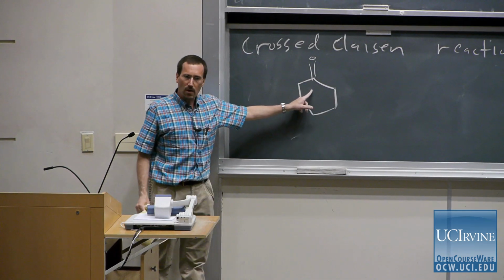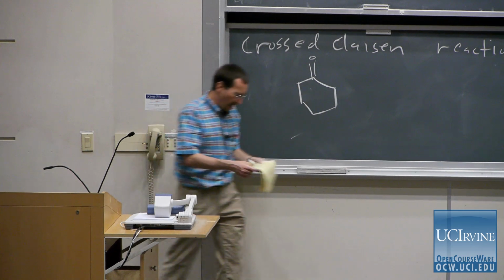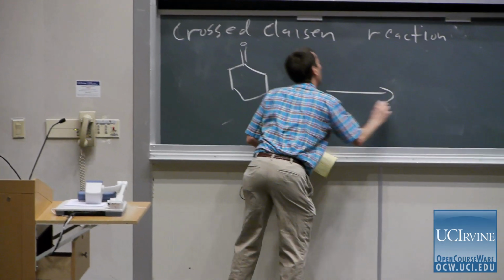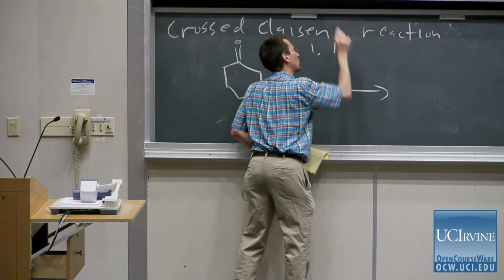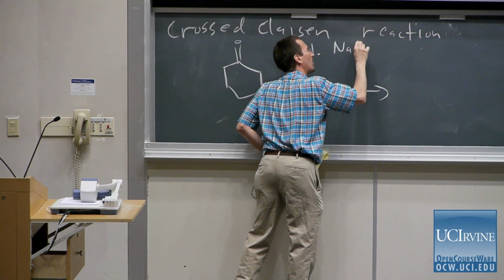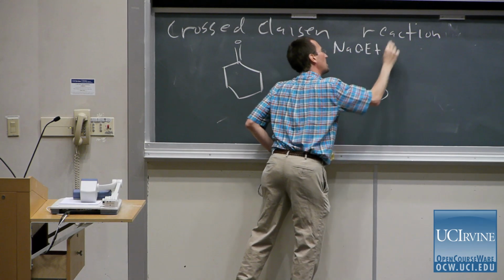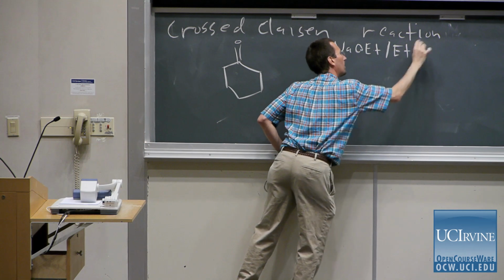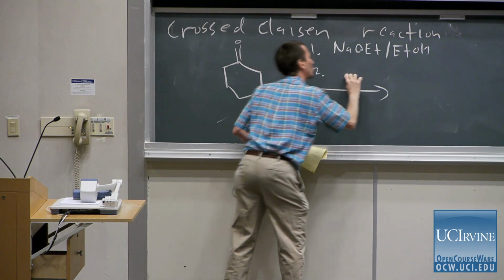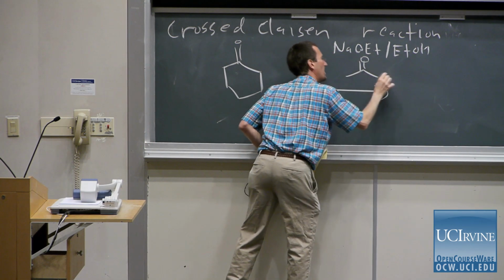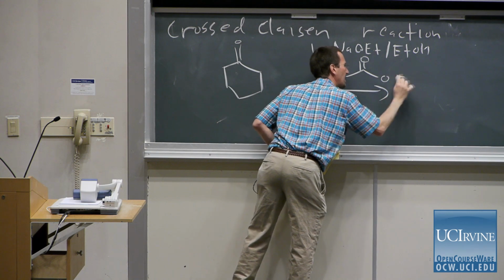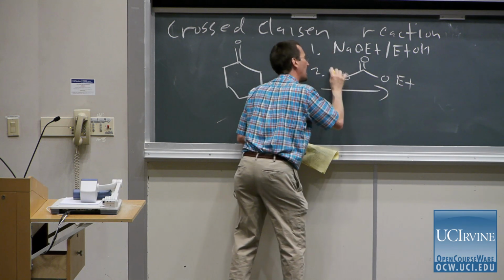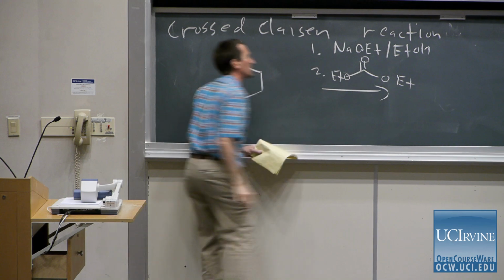So, cyclohexanone, simple compound. Treat it with soda. This is just a riff on the example above. Treat this with sodium ethoxide in ethanol, and then treat it with diethyl carbonate. Now, diethyl carbonate is the diethyl ester of carbonic acid.